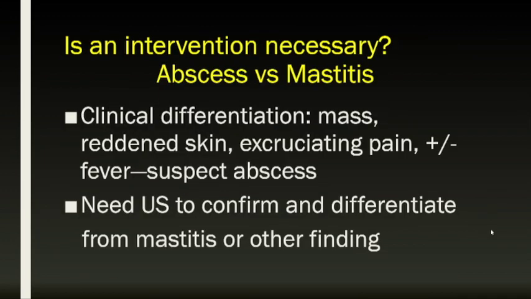Is an intervention necessary? That's the next question you ask yourself. And in the case of lactational abscesses and other patients who have clinical findings of an inflammatory process, it's usually abscess versus mastitis.